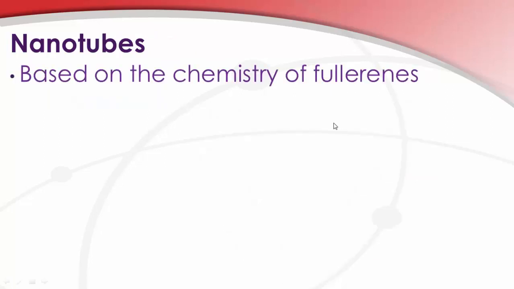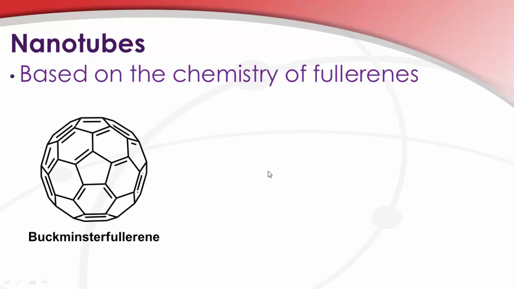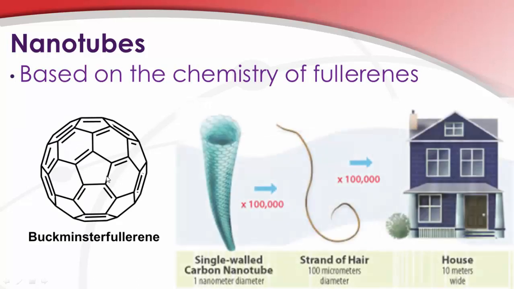Nanotubes are a particularly interesting composite. They're based on the chemistry of fullerenes, and what can be done is to stretch this soccer ball shape into an extremely long single-walled carbon nanotube. And this is essentially one molecule, such that it's about 1/100,000th the thickness of a strand of hair.